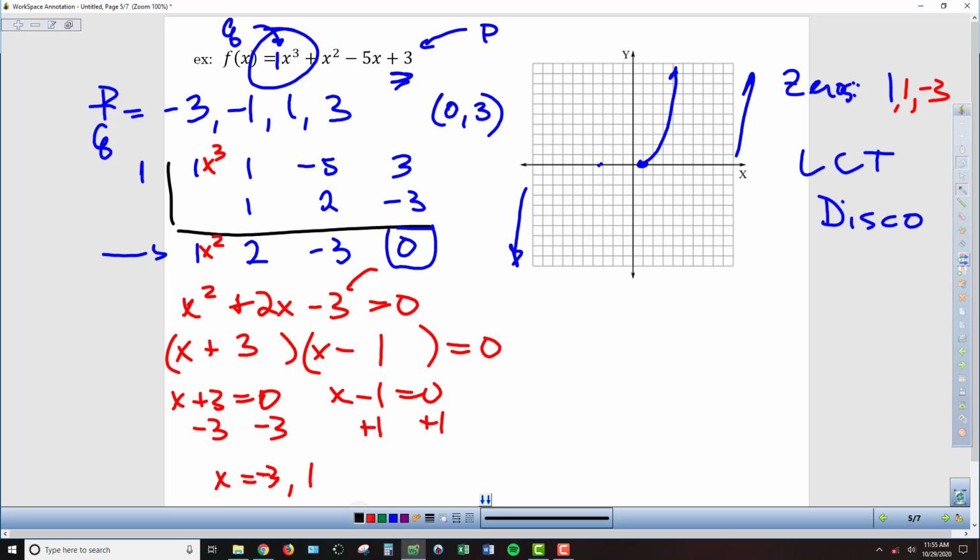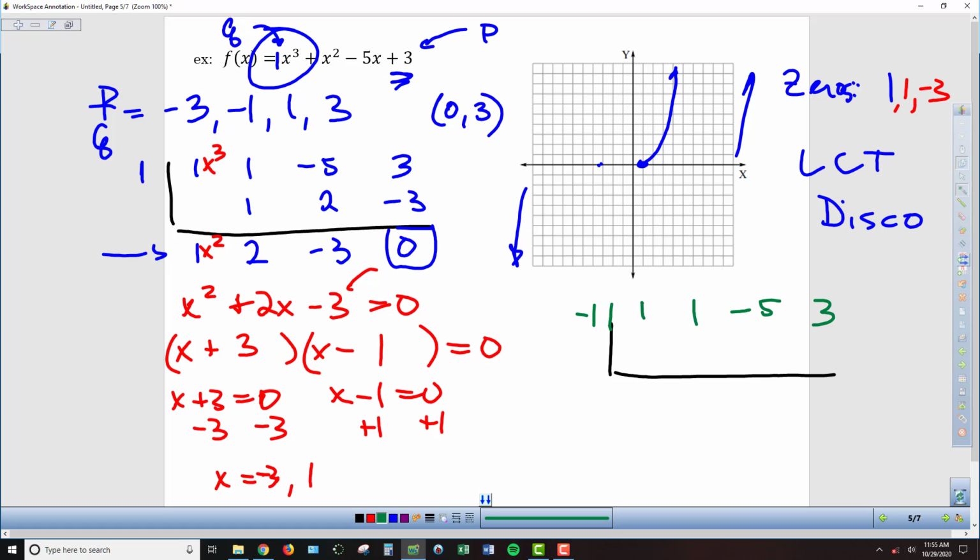Once again, I can either just plug that in for x everywhere, or I can do it via some synthetic division. If I go -1 on the outside here, and then we've got 1, 1, -5, and 3, I have to go back to my original function.